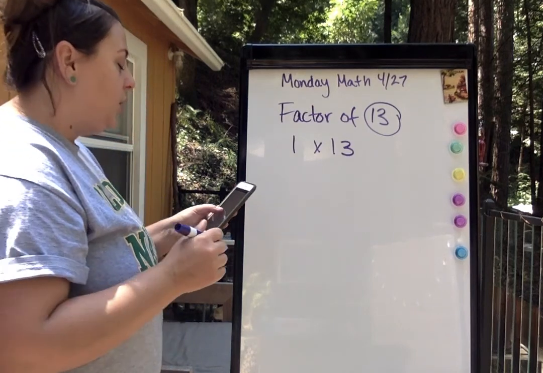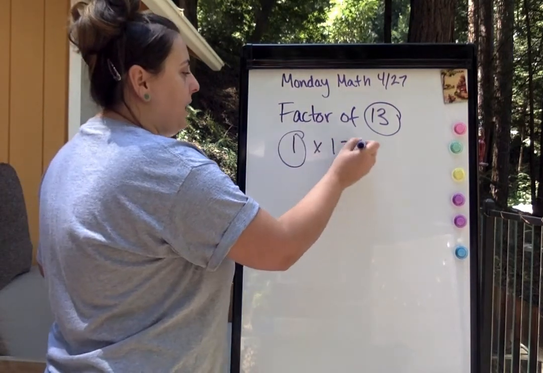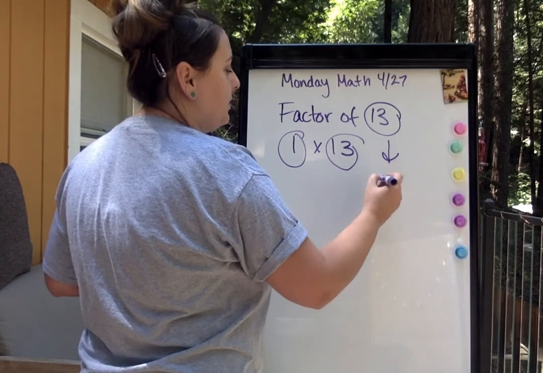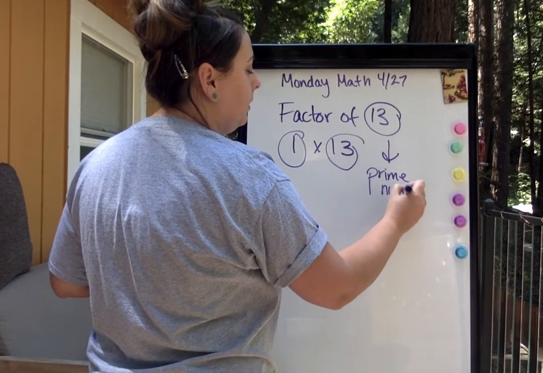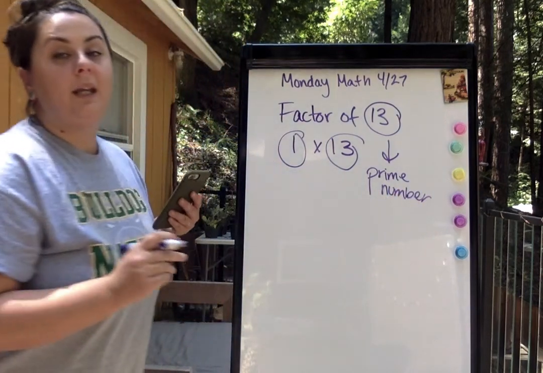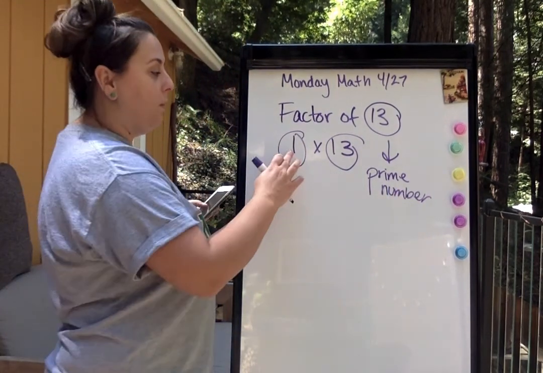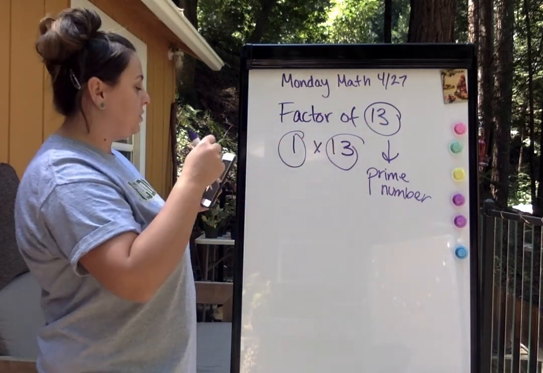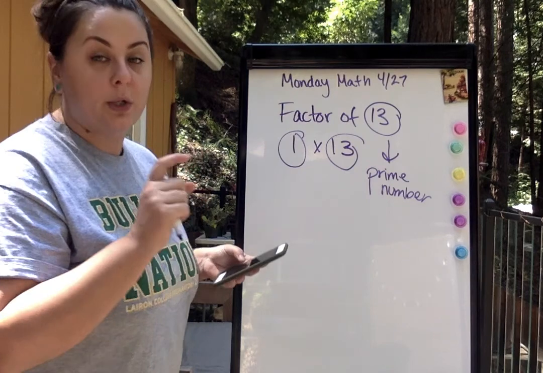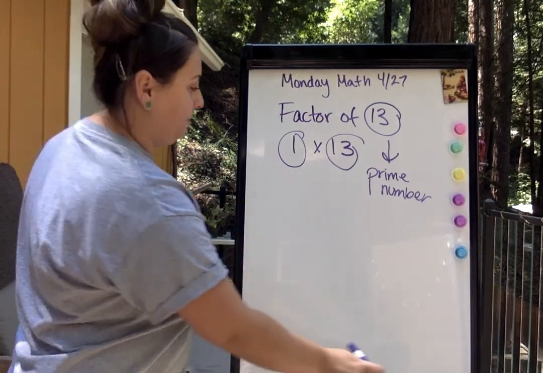There is not. So your factors are 1 and 13. 13 is also what's called a prime number, meaning that it can only be divided by 1 and itself, 1 and 13. So you're going to check all the factors, and you're going to click on 1 and 13.